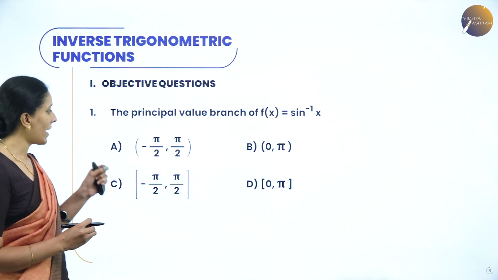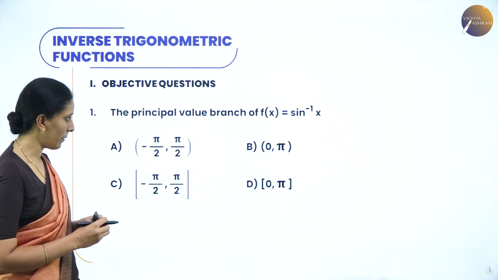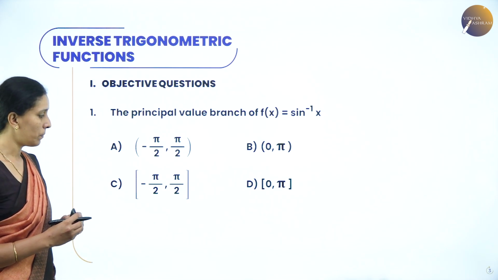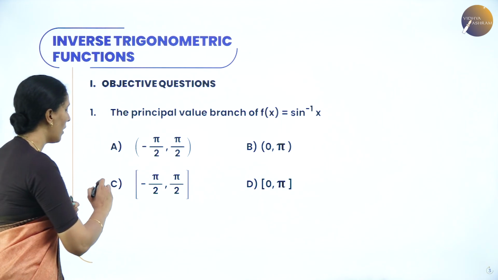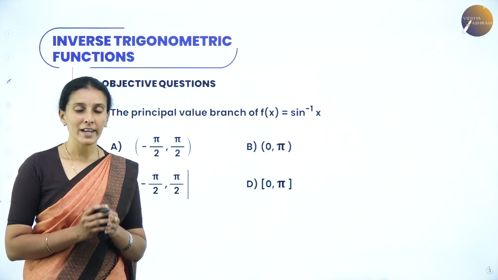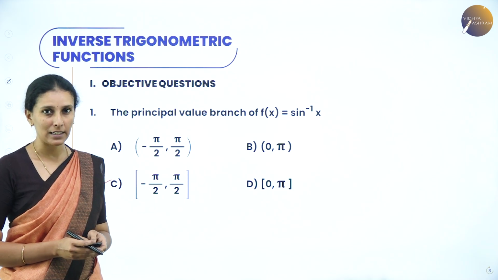The options are: between minus pi by 2 to pi by 2, between 0 to pi, from minus pi by 2 to plus pi by 2, from 0 to pi. Clearly we know that option C is the correct answer. Sine inverse x always lies in the branch from minus 90 to plus 90 degree.